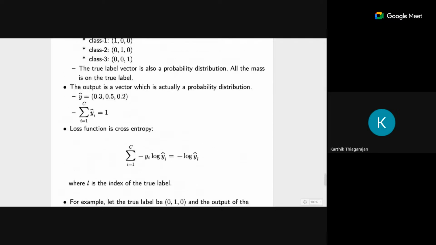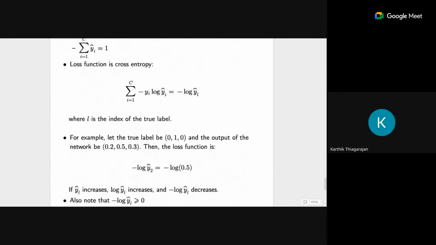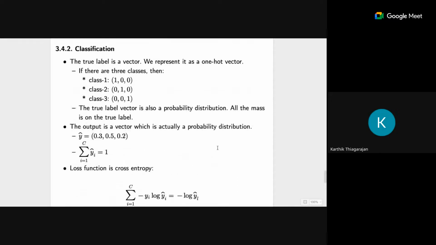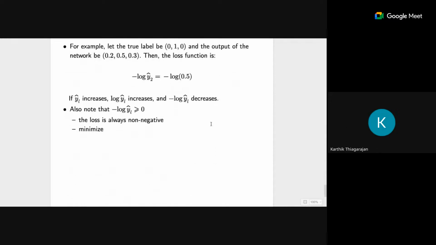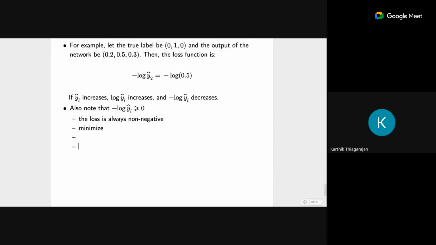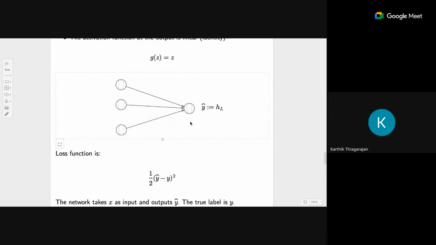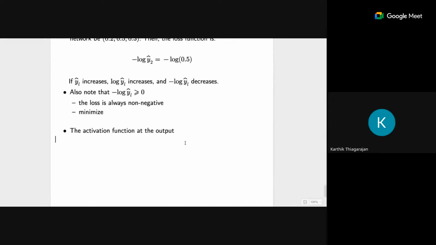Okay, so that is cross entropy. We have looked at the loss function, but what we have not looked at is the activation function, so that is the next thing. The activation at the output should have the following property. Let's copy this.